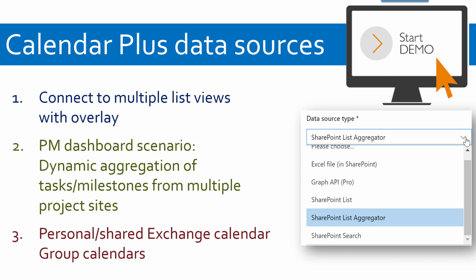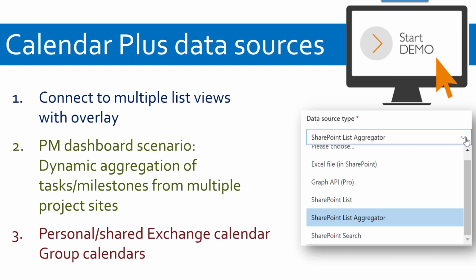One way to do it is like we did in the first example. Every time you have a new project site, you need to go to your CalendarPlus web part and add a new data source for this project to get the milestones from this project site. What I'm going to show now is a different data source.